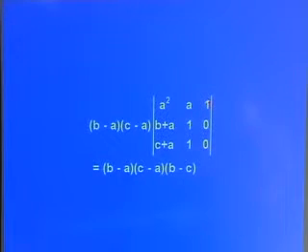So we will have 1 into the determinant of the minor, and the minor is B plus A multiplied by C plus A. When you simplify it is B plus A minus C plus A, so we will have B minus C. So this is evaluated as B minus A into C minus A into B minus C.